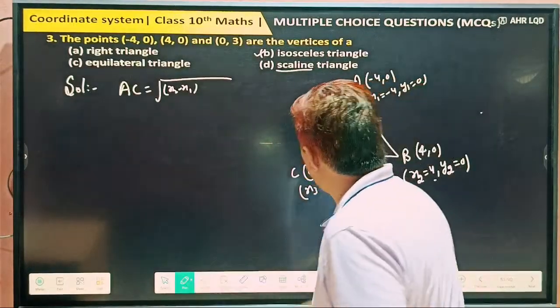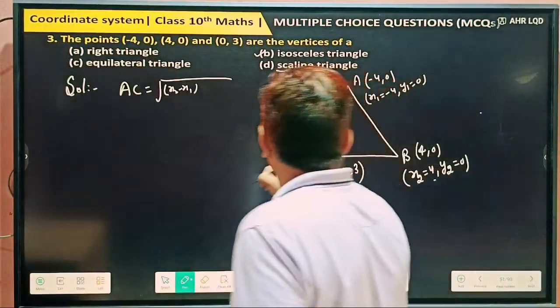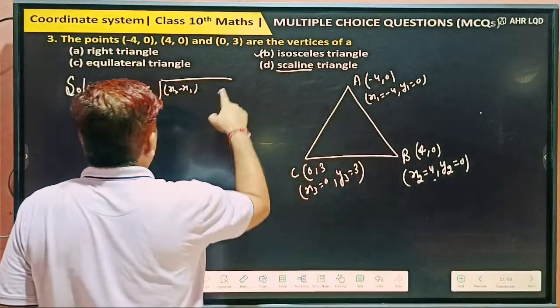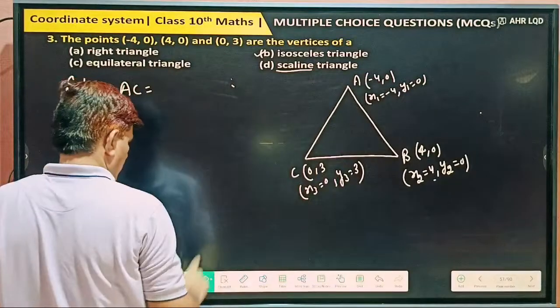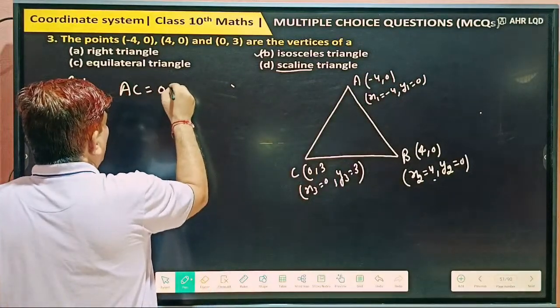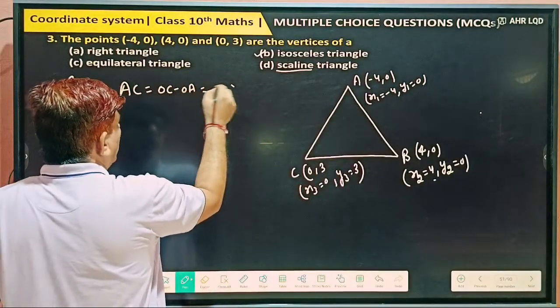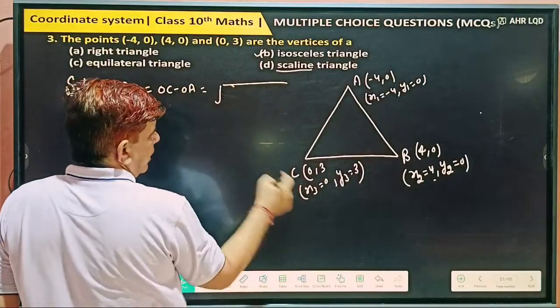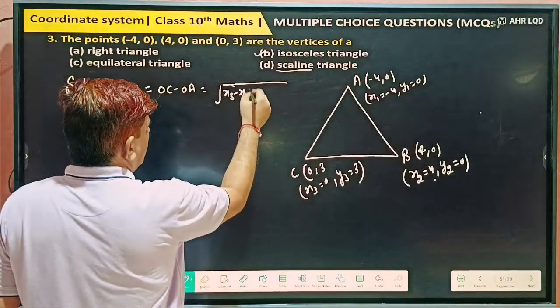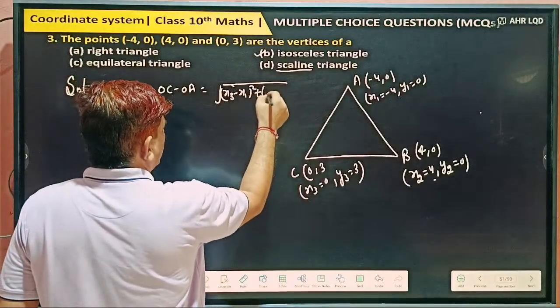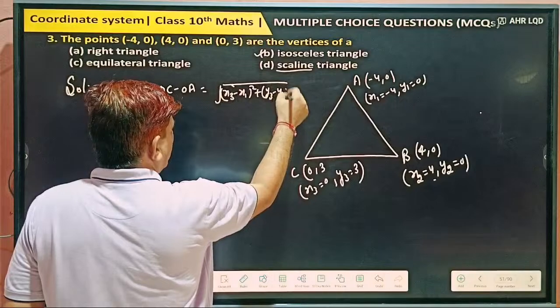Yes or no? So we have to find out AC. What is the meaning of AC? AC is OC minus OA, which equals the square root of (x3 minus x1) whole square plus (y3 minus y1) whole square.